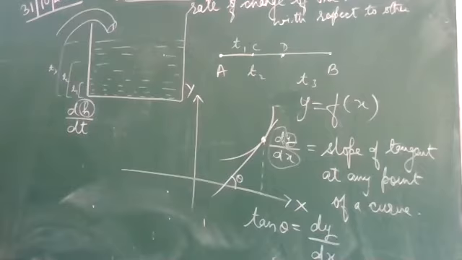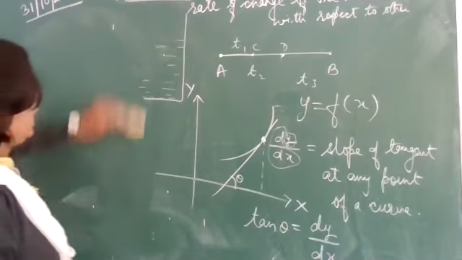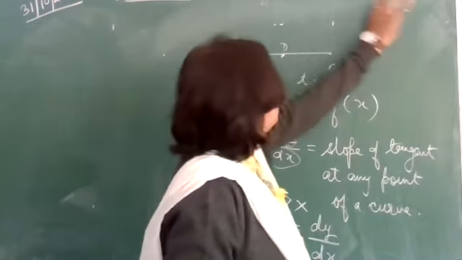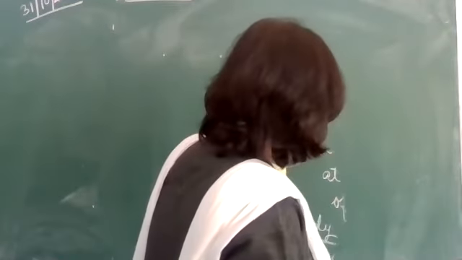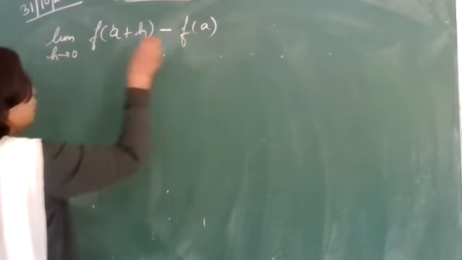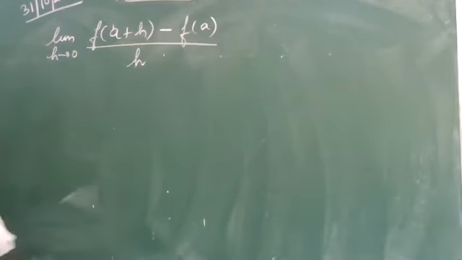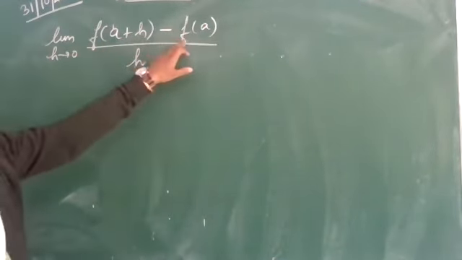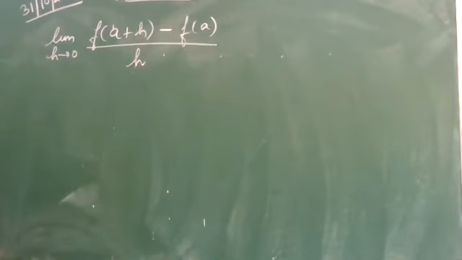The derivative of f at a is defined as limit h tends to 0, f(a plus h) minus f(a) upon h.